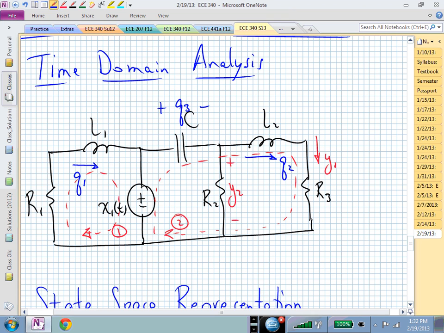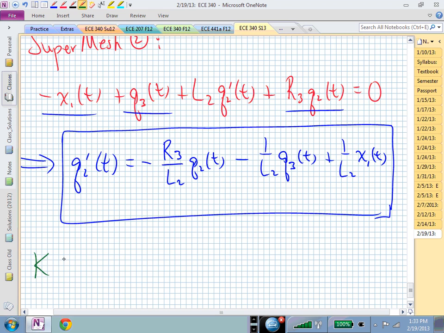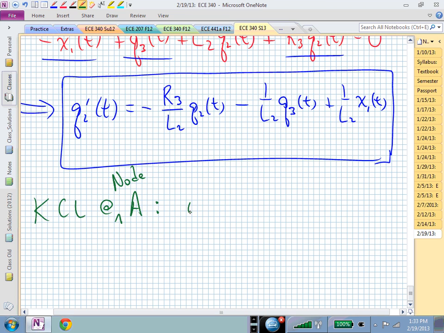Just try to write KCL right there at A. And that's node A. Meaning I have I sub C of t.